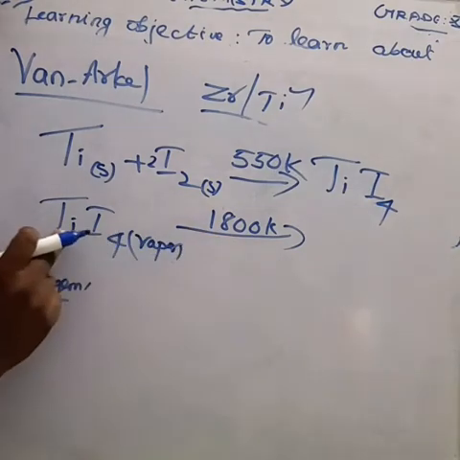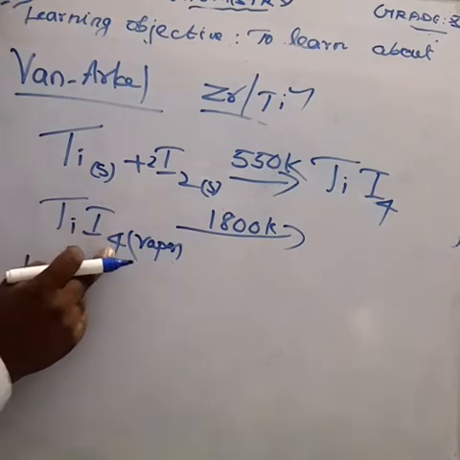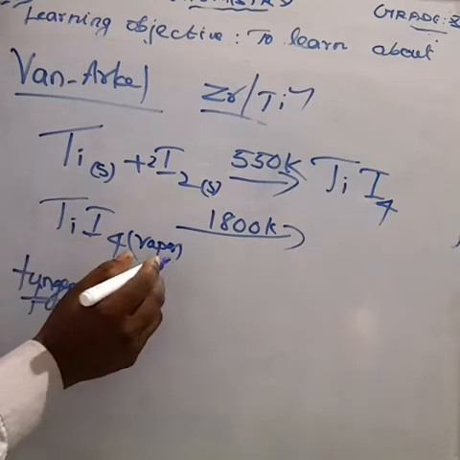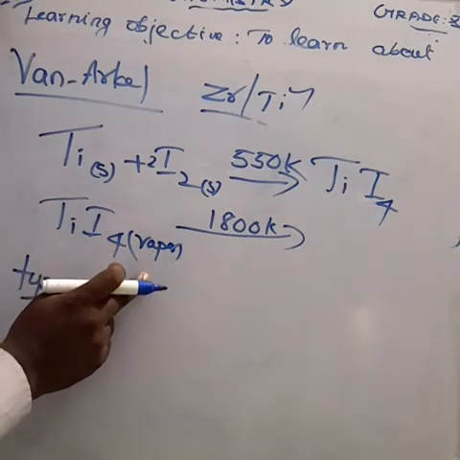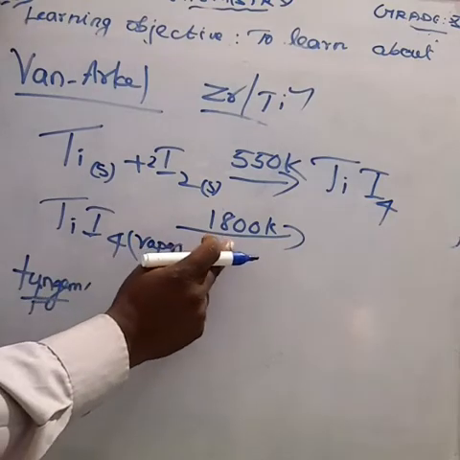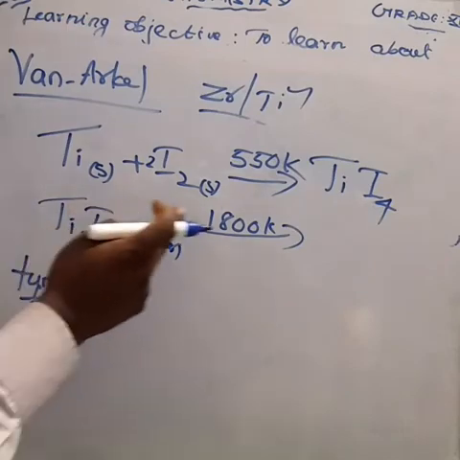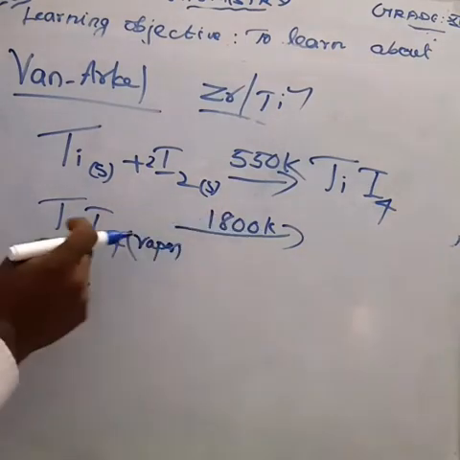First you have to write the equation. Titanium tetraiodide formula TiI4, in the vapor state, and the temperature is 1800 Kelvin. We are heating, so we get decomposition.